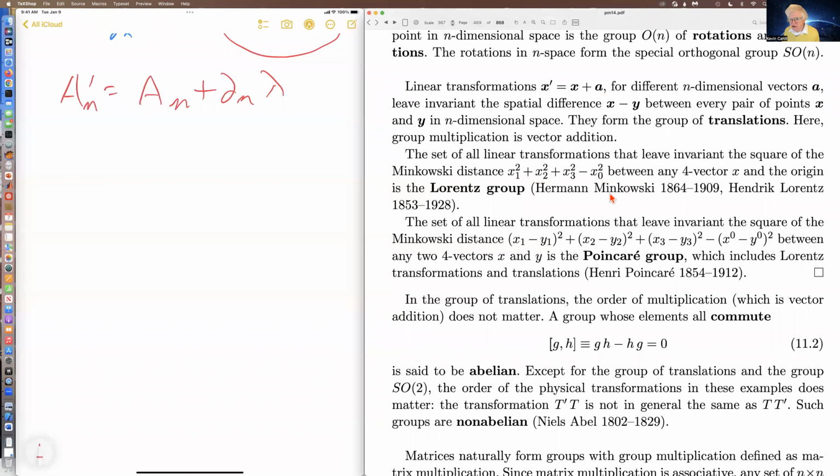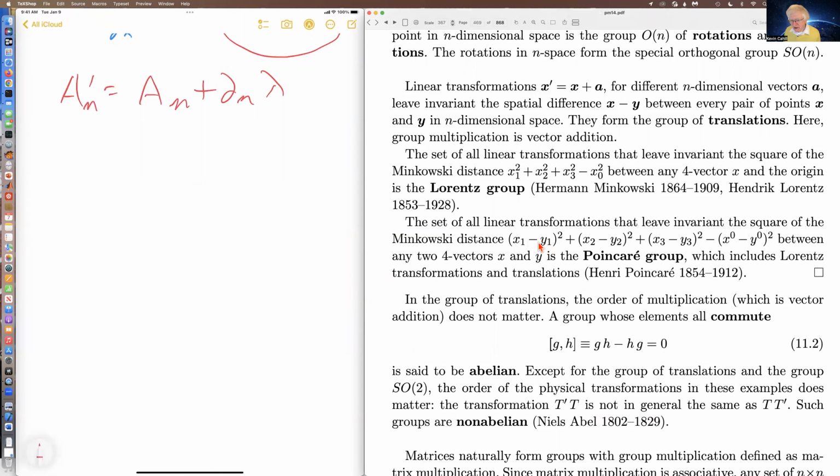Anyway, Lorentz transformations leave this sum of the squared distance from the spatial origin minus c squared times the time squared invariant. So these are called Lorentz transformations.